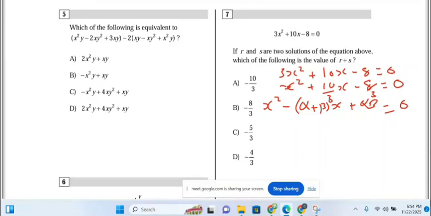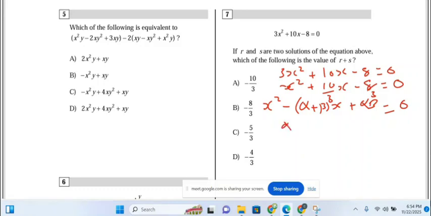Now from here, if you compare this and the expression, you notice that this alpha plus beta now is 10 over 3. Of course, you know that here is minus (alpha plus beta) and here is plus 10 over 3.